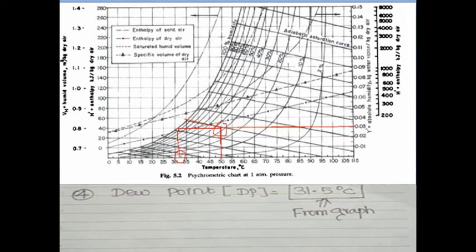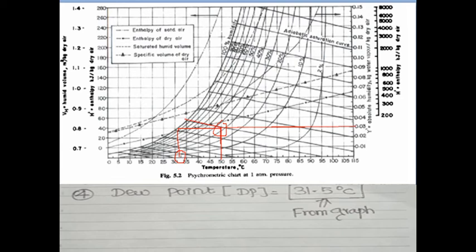Third step, draw a horizontal line from the intersection point on the left side up to the 100% humidity curve. Mark a point on that line. From that point, draw a vertical line up to the dBT axis. Read dP from the dBT axis.